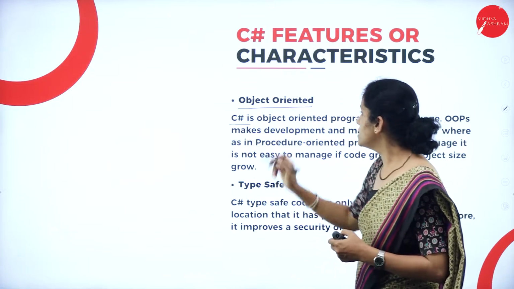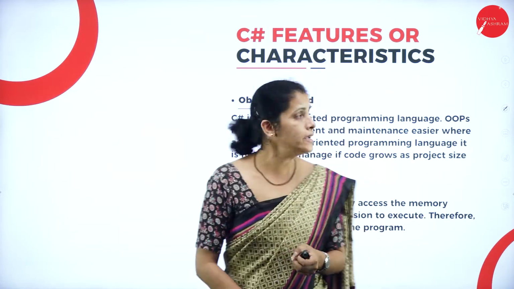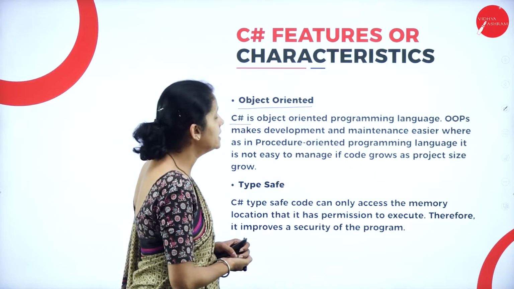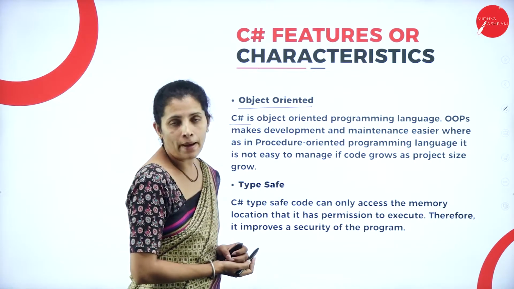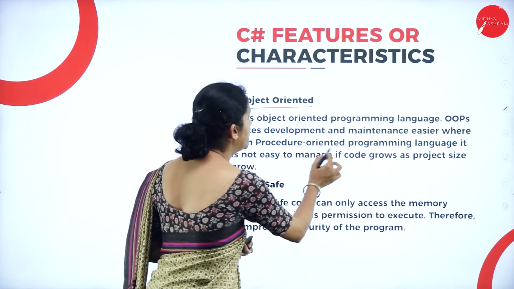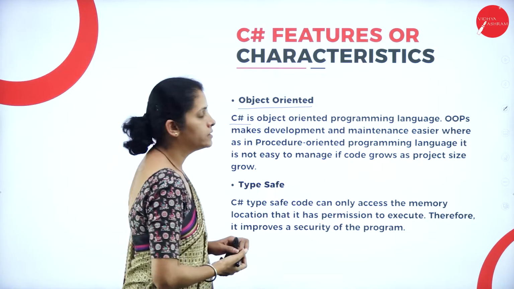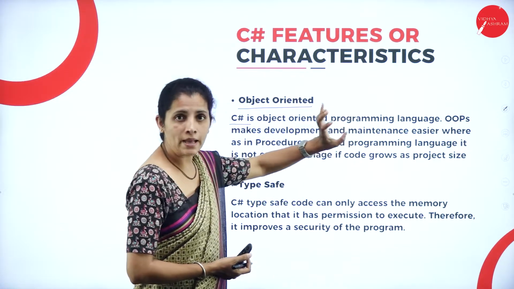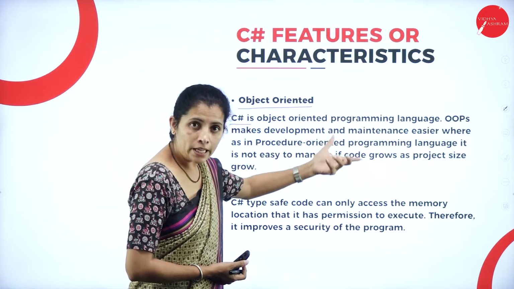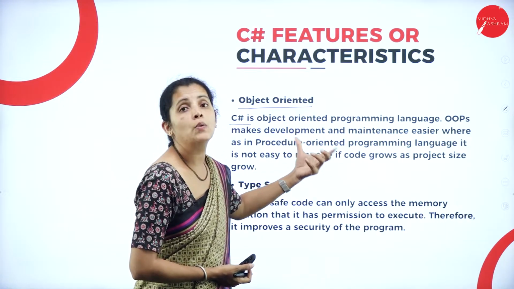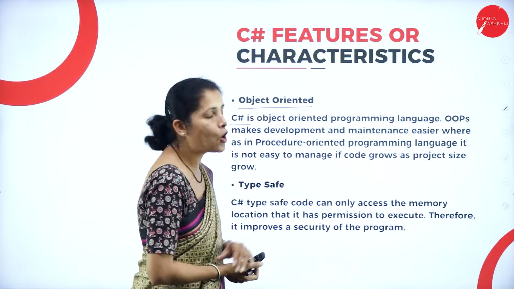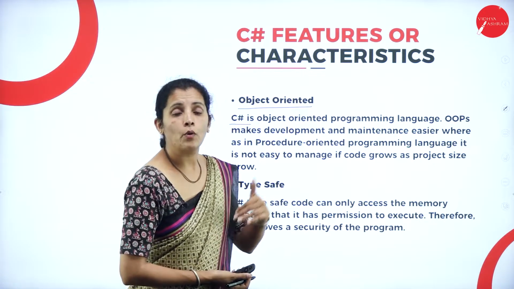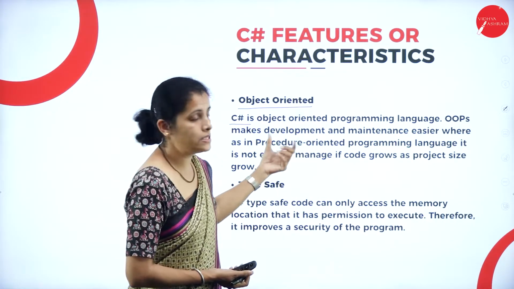So C# is an object oriented programming language which makes development as well as maintenance easier when compared with procedural oriented programming languages. That means if I consider a procedural oriented programming language, then implementing code and maintaining the code are very difficult. But if I consider object oriented programming, then implementing code, maintaining code, providing security, everything is easy.